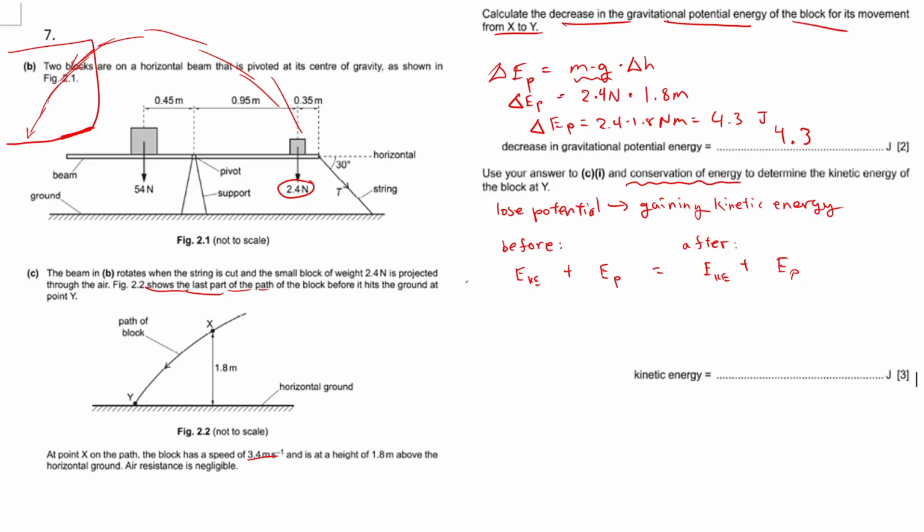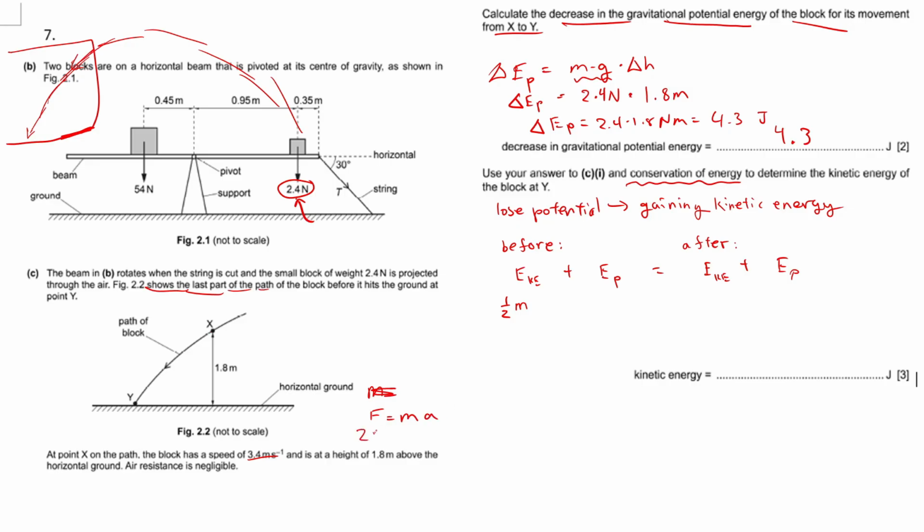So our kinetic energy before is 1/2. I don't think they give us a mass. So let's just do mass, I think. I think we can actually solve for mass because they give us the newtons, right? And we know our gravitational acceleration. So let's actually solve for the mass first. So force is equal to ma.